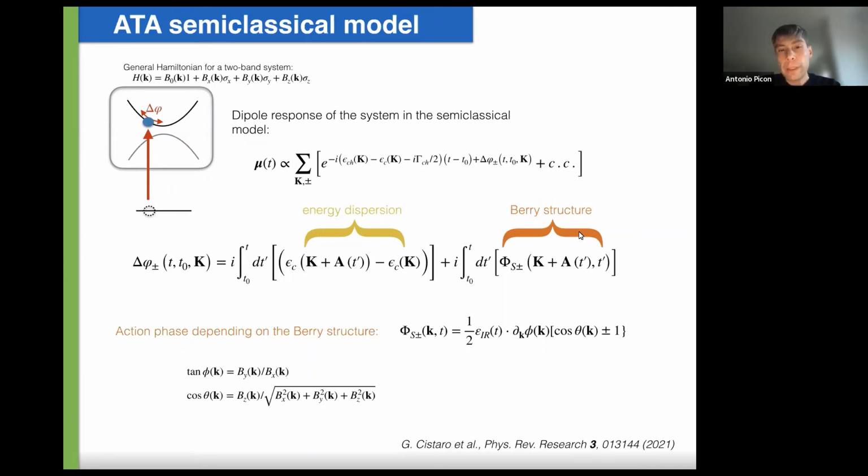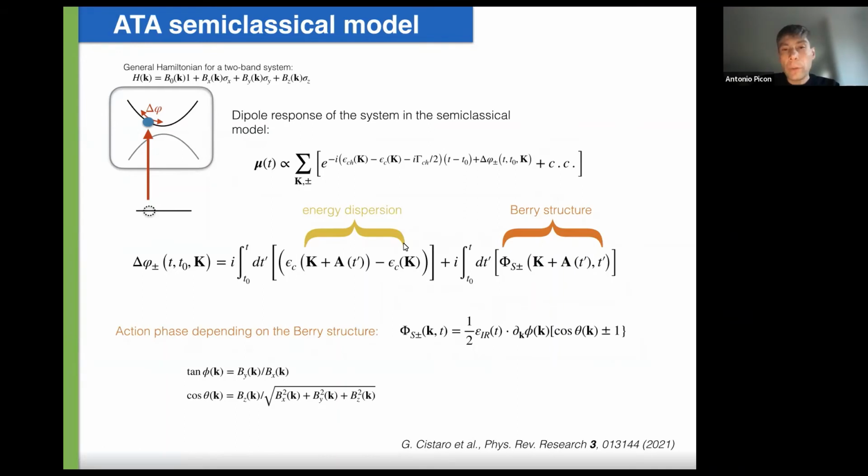But if we look just at this formula, I would say it makes sense, right? Because we are driving the electron very fast with the infrared pulse in a few femtoseconds, and we are able to catch these changes of the absorption that are related somehow to the energy dispersion and the band structure.